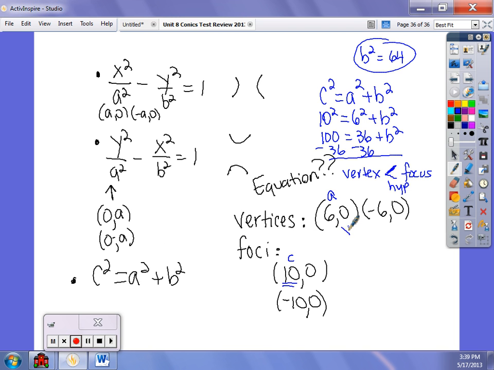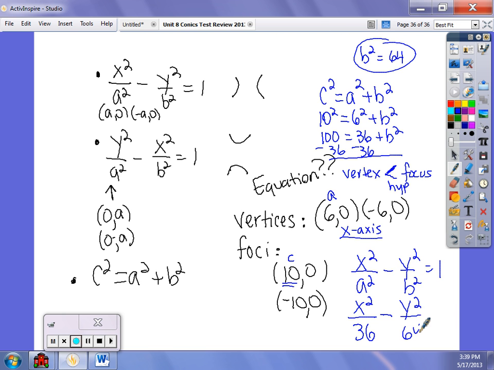Well, since a is on the x-axis, I'm going to be using the equation that starts with x. So a squared, we found out was 36, so that goes underneath here. B squared we found out was 64, and it equals 1.